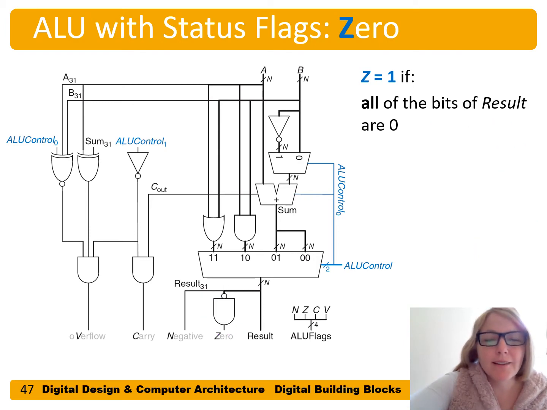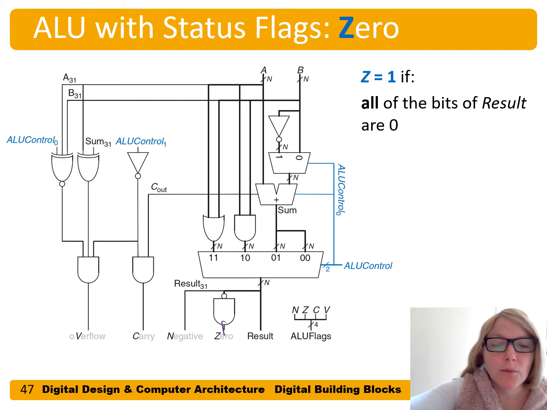But in this case, it's easier to draw it this way and easier to think about. Well, we want all the bits to be 0. So we're detecting result sub 0 bar and result sub 1 bar and so on, up to result sub 31 bar. If those are all 0, then we output the 0 flag.